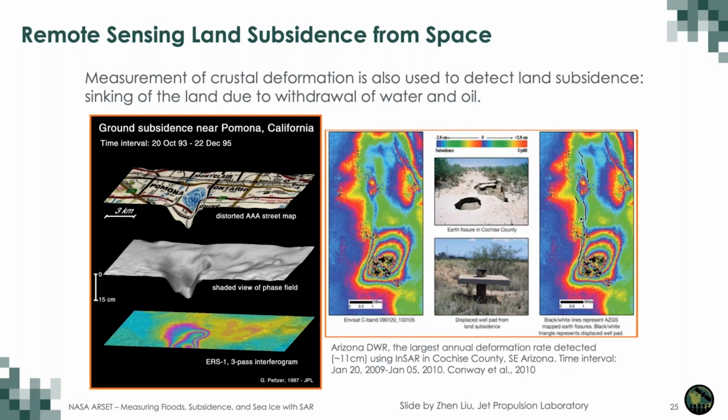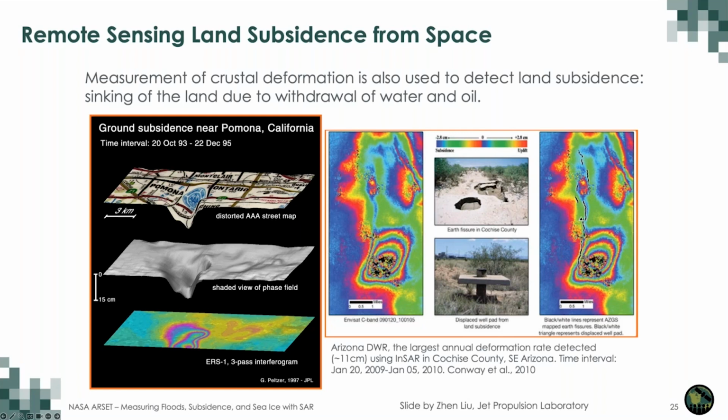On the left here is actually an old image made by Gilles Peltzer here at JPL. When he first started doing SAR interferometry over the Los Angeles area to look for faults, he saw this very strange pattern in the area near Pomona. And it turns out that there was groundwater extraction here.